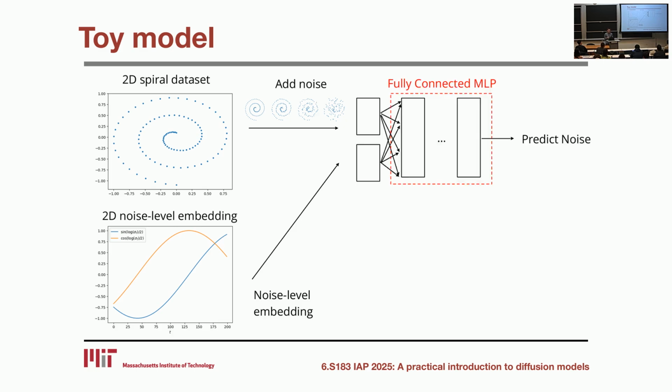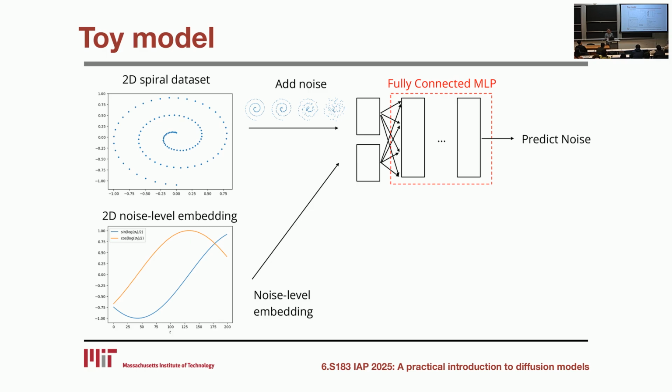Our model here, because it's a toy model, is a very simple deep neural network called a multi-layer perceptron, which consists of linear layers followed by non-linearities. And this will predict the noise that is added to these data points.